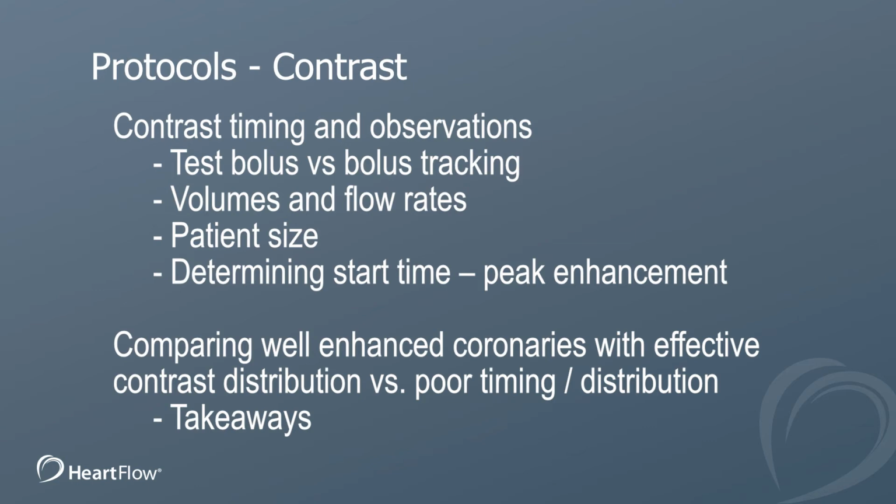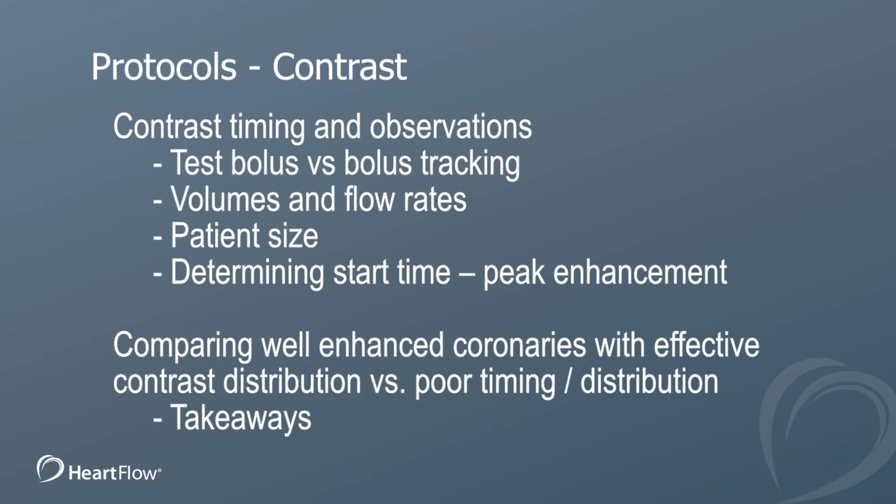So we typically, on our scanner, use an injection time of 13 seconds for coronary CTA. Our variable depends on the patient's size, and that's flow rate. So a small patient may receive 4 cc's per second in most of our patients for a total of 13 seconds, and a large patient may receive 8 cc's per second for a duration of 13 seconds.